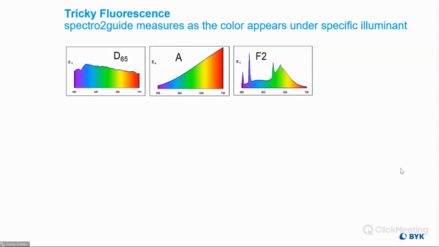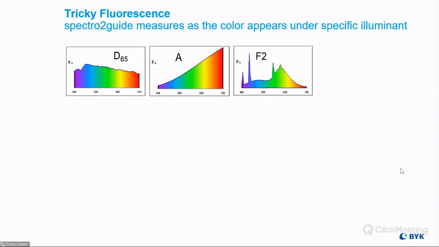But that spectral curve is independent of any illuminant, right? We're just getting reflectance data. We're just learning about the material itself, not how that material looks under a given light source. In order to do that, we have to apply the appropriate illuminant to calculate what that color would look like under each illuminant.